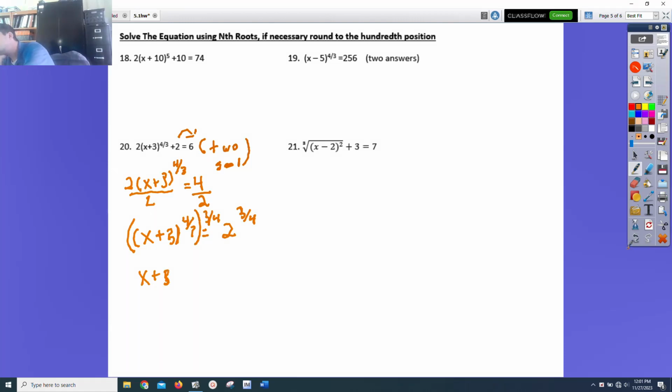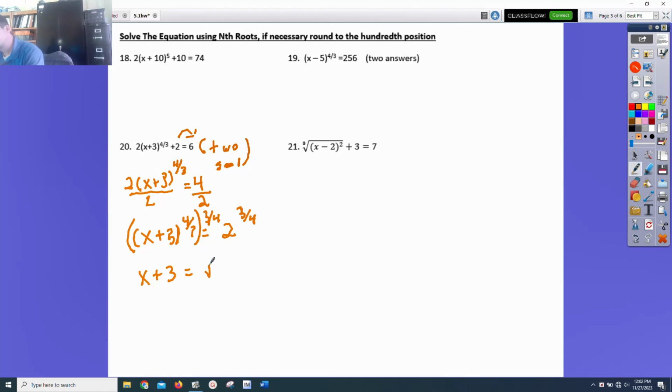Oh, this is annoying. This is equal to the fourth root of 2 cubed, which is 8.